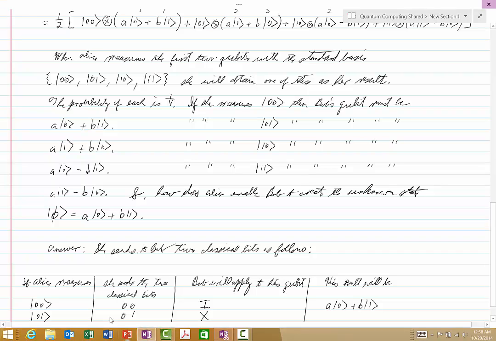On the other hand, if Alice measures 0,1, that means that Bob's qubit is A1 plus B0. In that case she sends 0,1 to Bob, and then he knows to apply the X transformation, which sends 0 to 1 and 1 to 0, so this will become A0 plus B1.